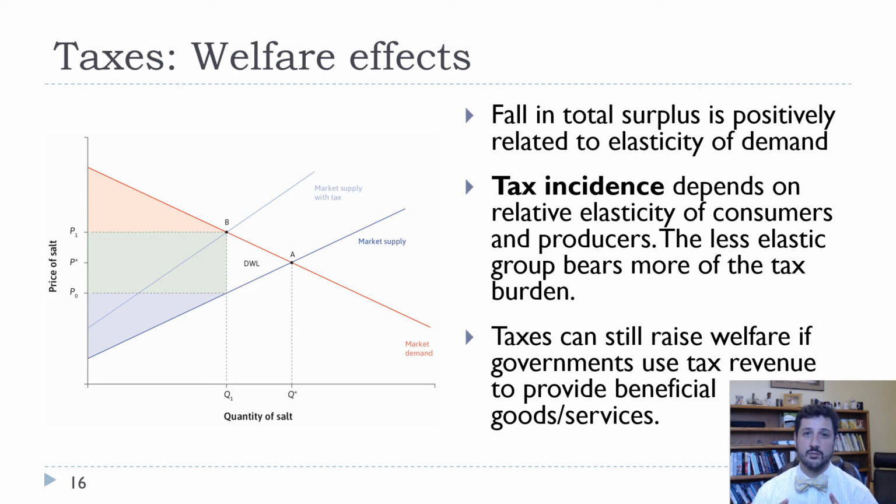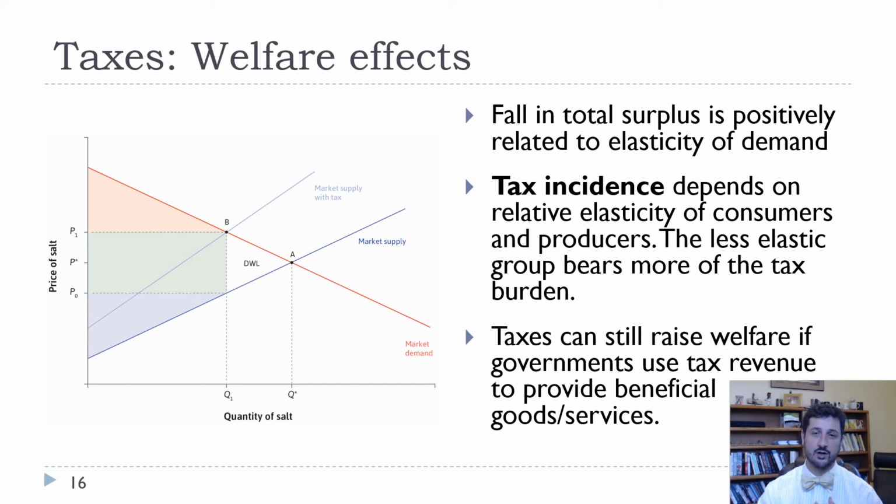And from the government's perspective, they want to tax things that are very inelastic. And the reason for that is if you imagine both an inelastic supply curve and an inelastic demand curve, then the tax revenue that you can raise will be higher and the deadweight loss will be lower. And so that's why a lot of goods are taxed, so-called sin taxes.